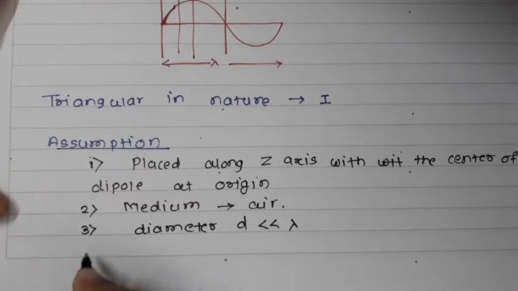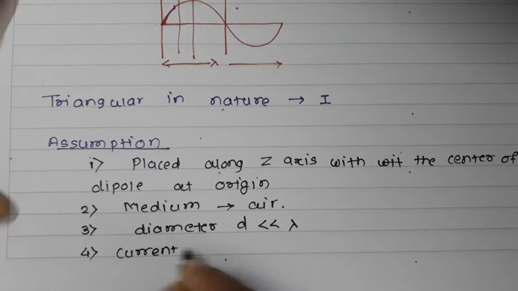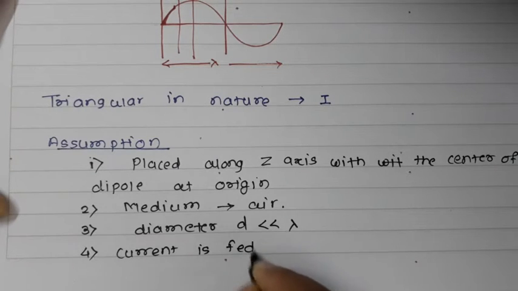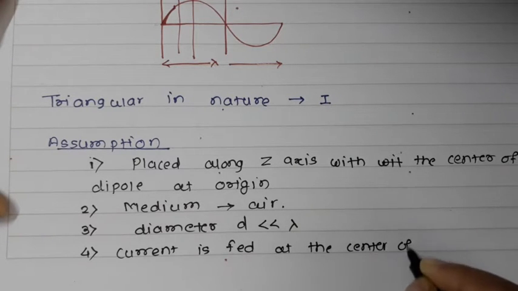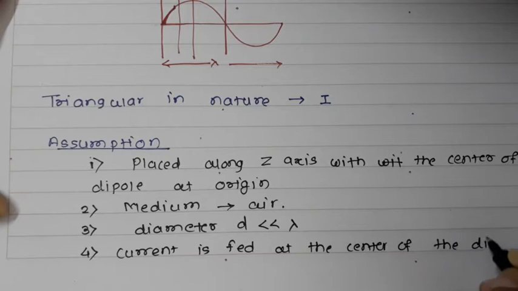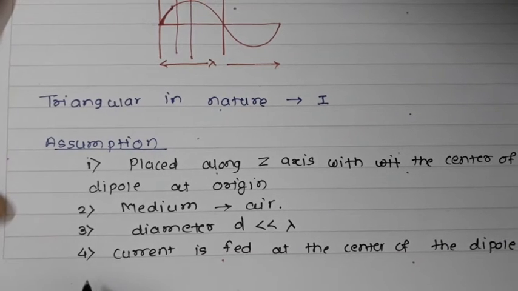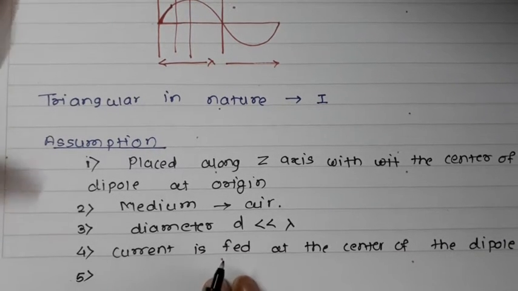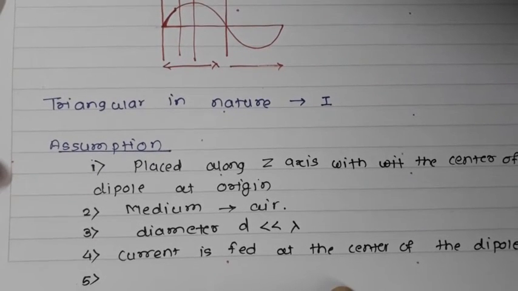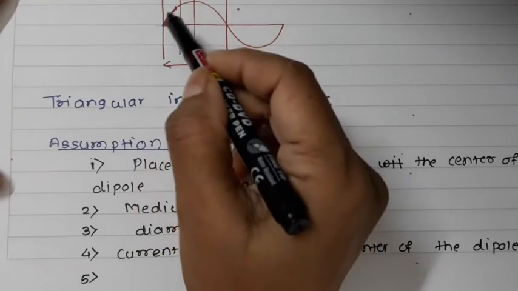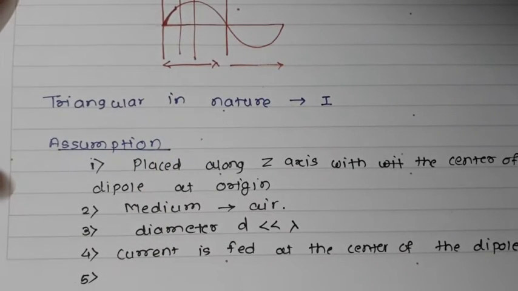And the fourth assumption is that the current is fed at the center of the dipole, and this current is fed using a transmission line. The fifth assumption is that the current distribution is assumed to be triangular, as we have already discussed, since its length is very much less than lambda by 10.